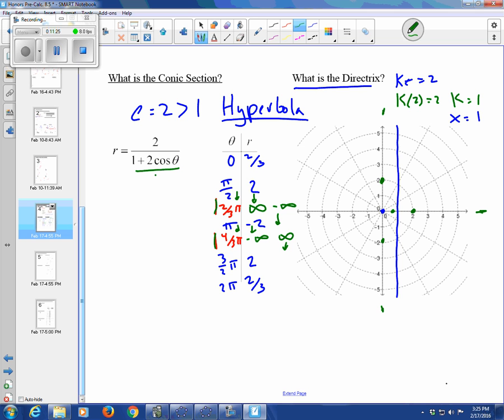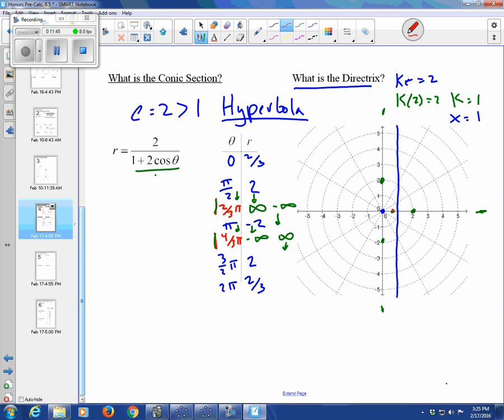So right here, let's think about what this graph is going to look like. We start out with the maximum cosine value, which gives us a maximum denominator of 3, and that starts us out right here at 2/3 for the r value.